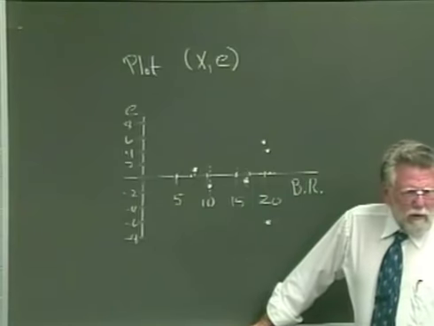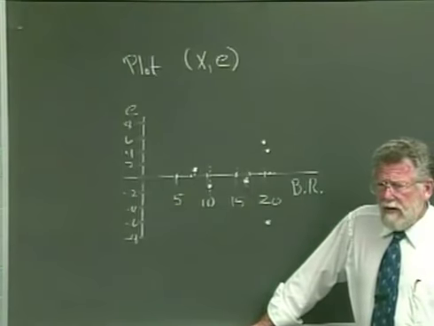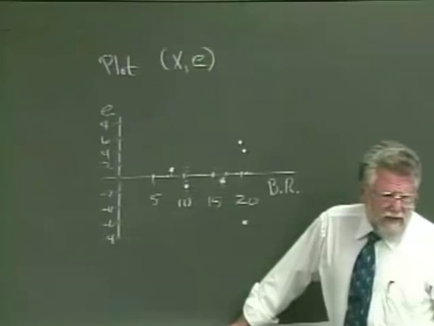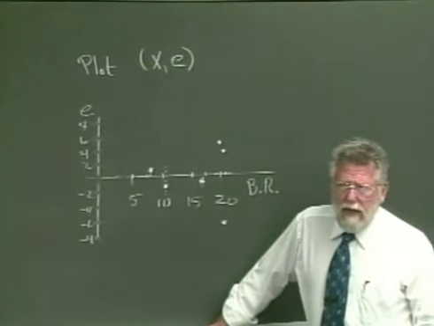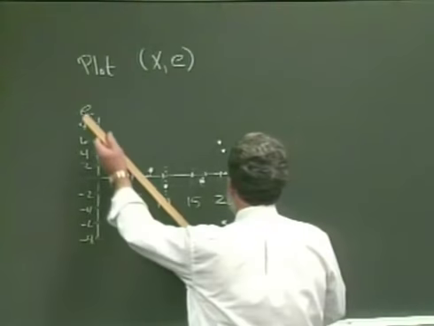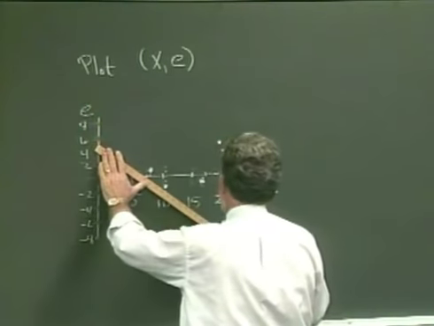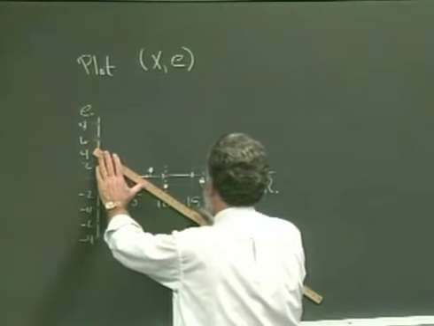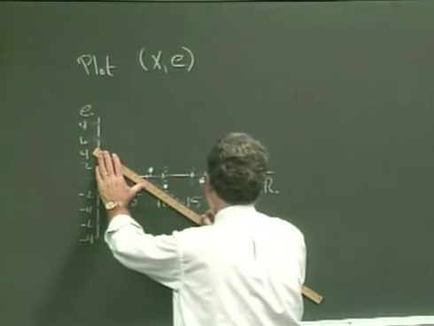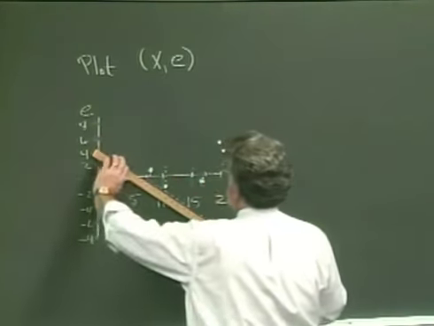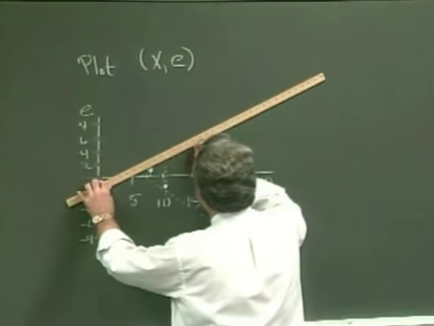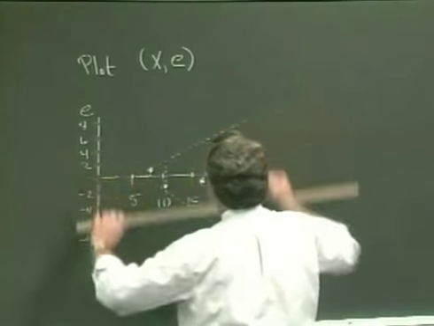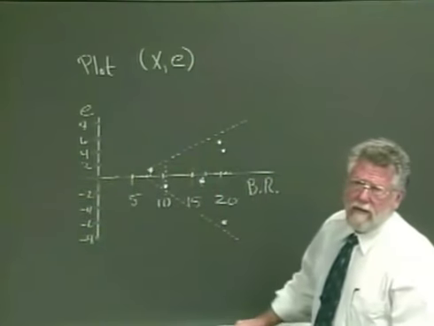Now, the large residuals are for the large values of x. Agreed? Small values of x have small residuals. And so as I look at this, I would be inclined to observe that as I go from the left to the right, things fan out, correct?